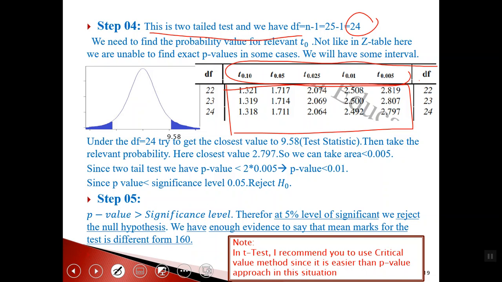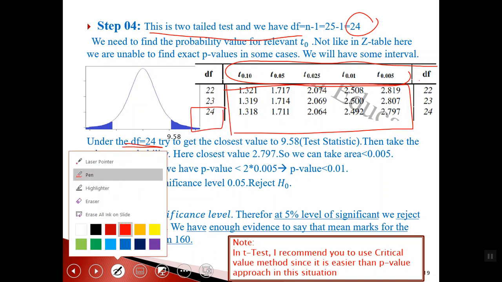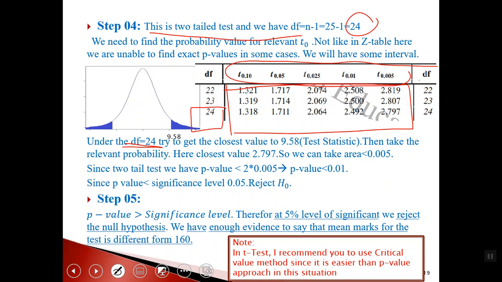You should know the degree of freedom. It is 24. I'll use another color again, green. First you should locate your degree of freedom. When you locate your degree of freedom, it is fixed. You cannot change this row.